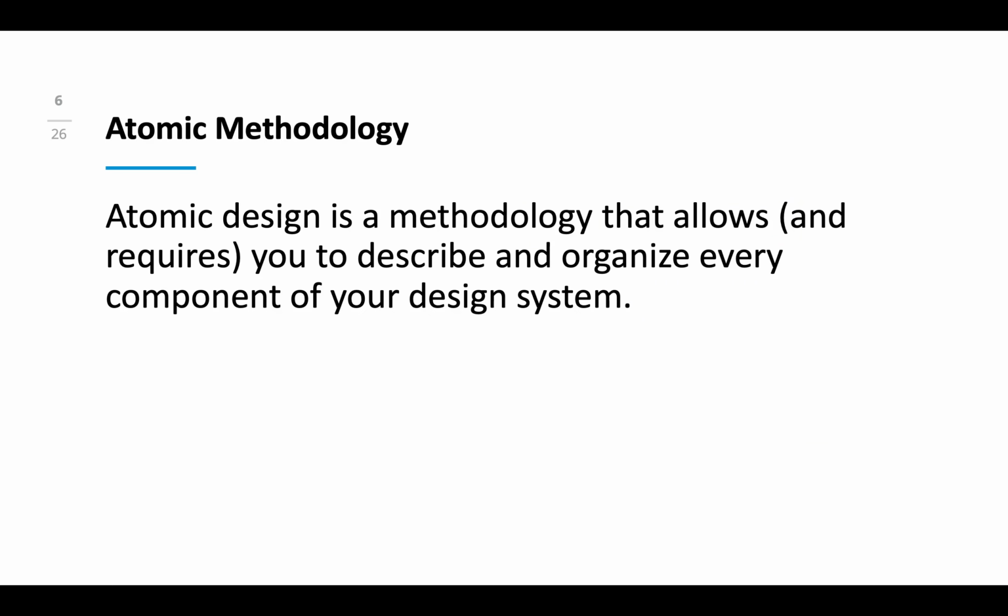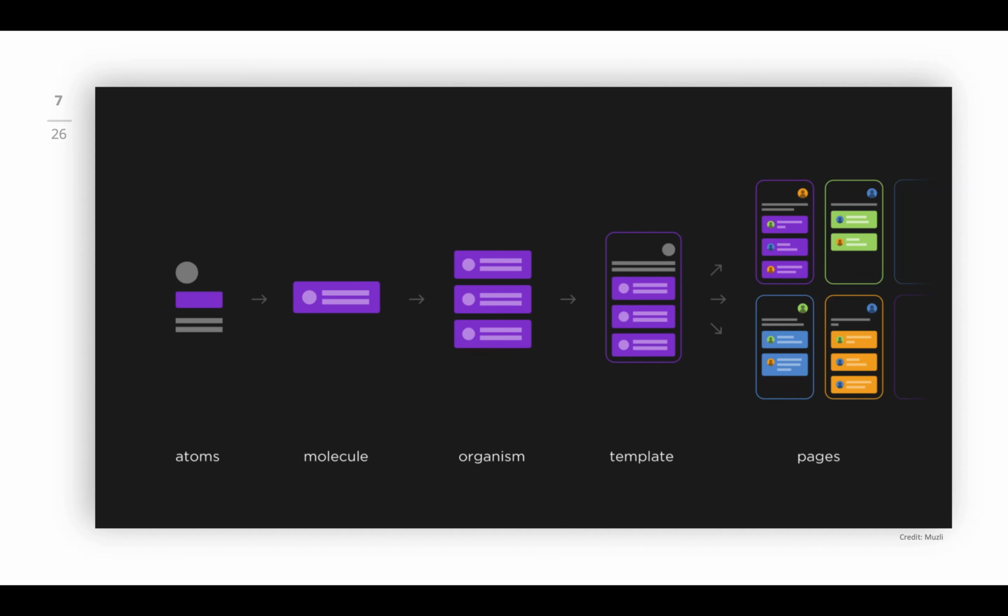So seeing a lot of these issues, Brad Frost, who's a web designer and a consultant and also a musician in Pittsburgh, Pennsylvania, was inspired by chemistry and created atomic design, which was a methodology that allowed you to describe and organize components in your design system. He really took it from the chemistry point of view.